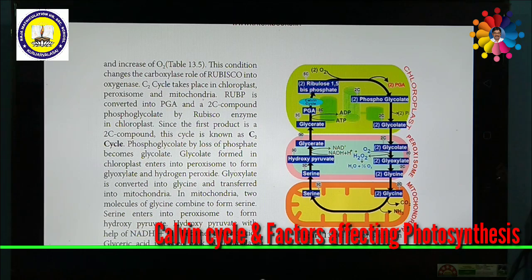Respiration is a continuous process for all living organisms, including plants. A great scientist, Decker, in the year 1959 observed that the rate of respiration is more in light than in darkness.